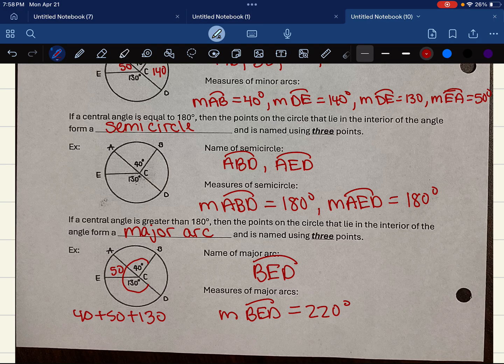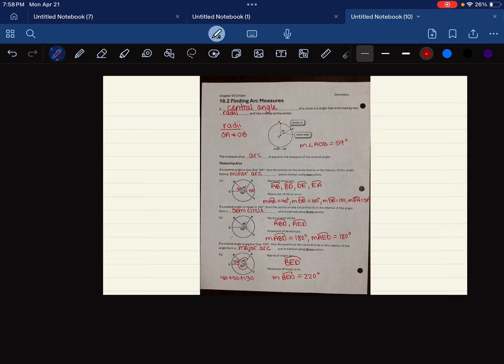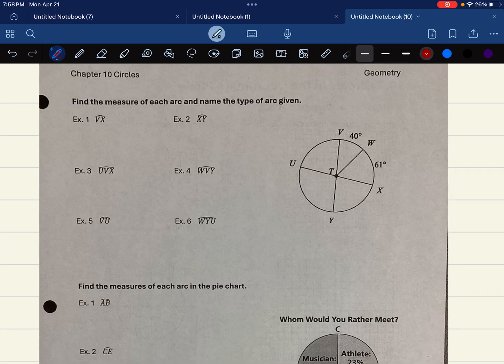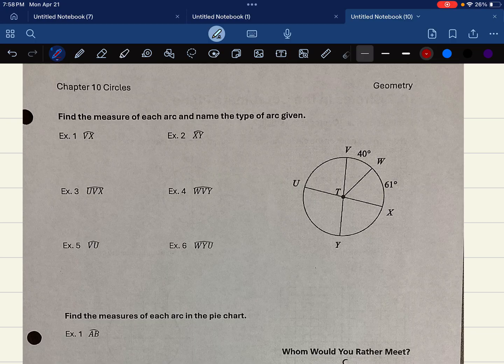Okay, so we're going to go through here on page 2, and we're just going to look at how to find some of the missing angles. First we'll name them, and then we'll find some of the missing angles and go from there, okay? All right, so on the first set of examples, it says find the measure of each arc and name the arc given, okay?